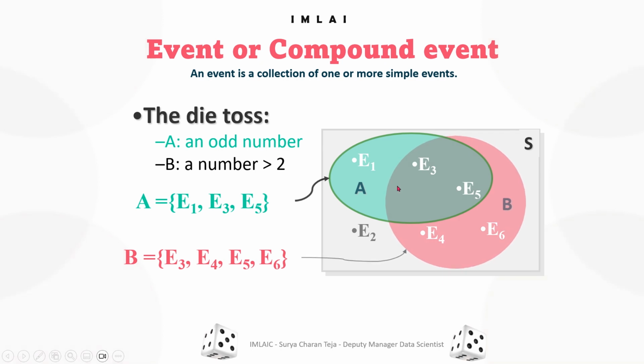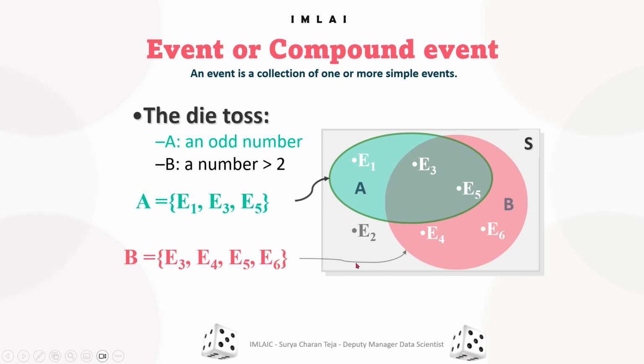Here are your simple events: E1, E2, E3, E4, E5, E6 are the simple events. A is your compound event or just event. B is a compound event or just event.